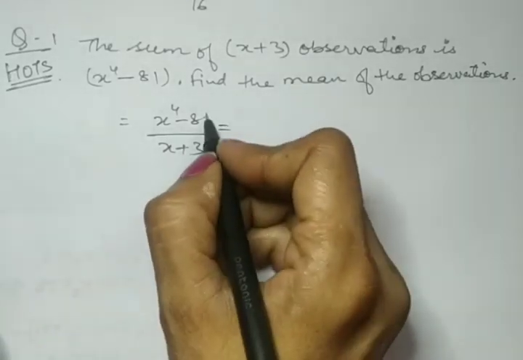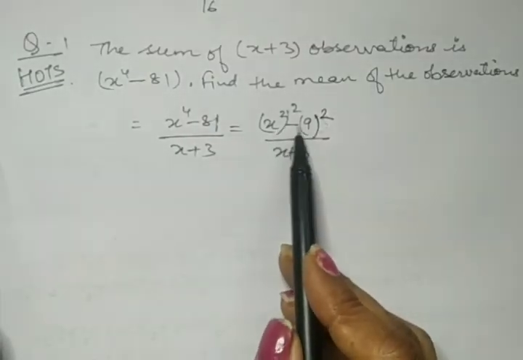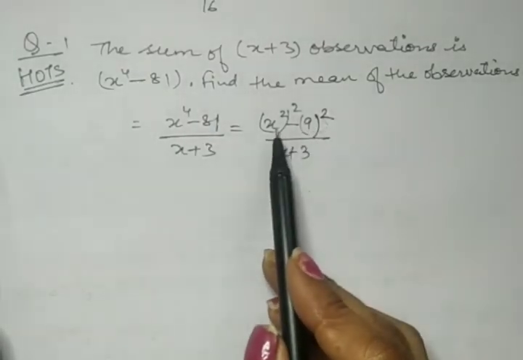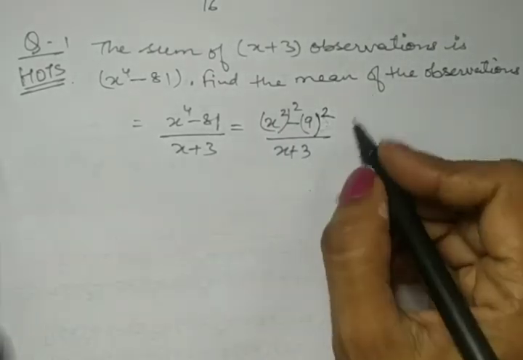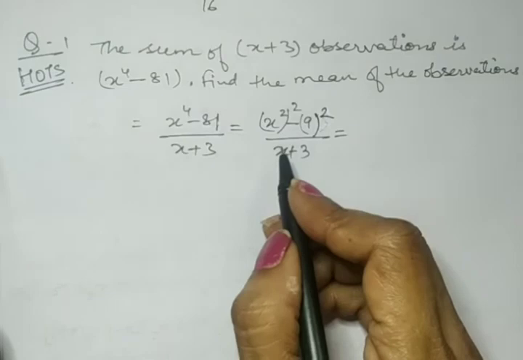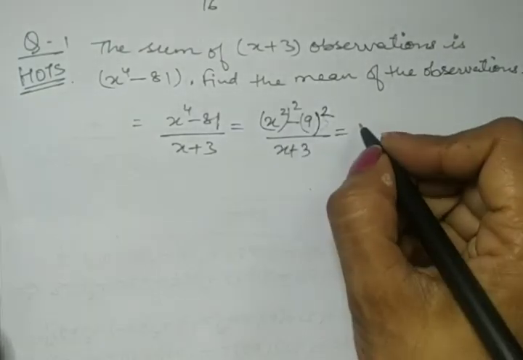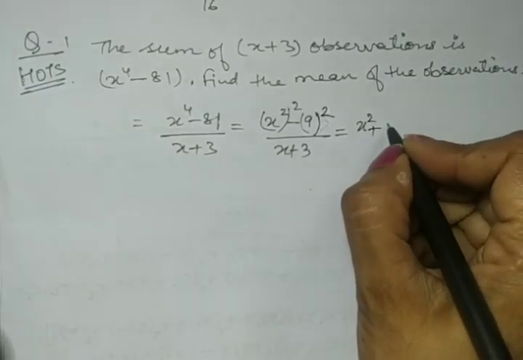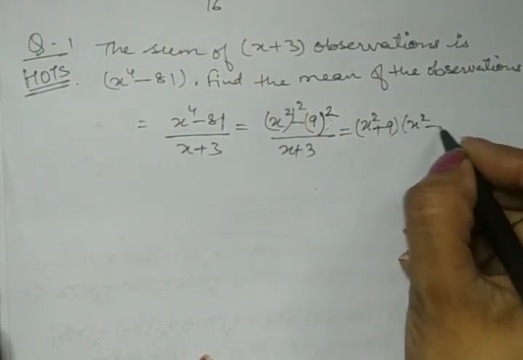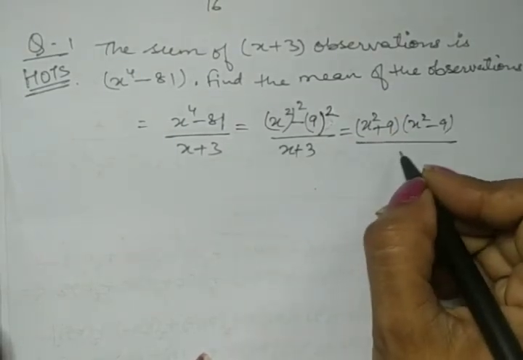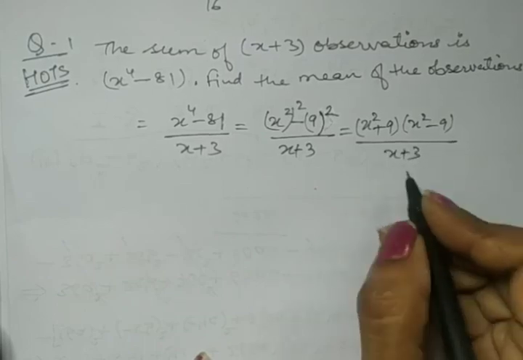We can write it as square of x square minus 9 square, that is a square minus b square, divided by x plus 3. Using identity third, open this, that is x square plus 9 multiplied by x square minus 9 divided by x plus 3.